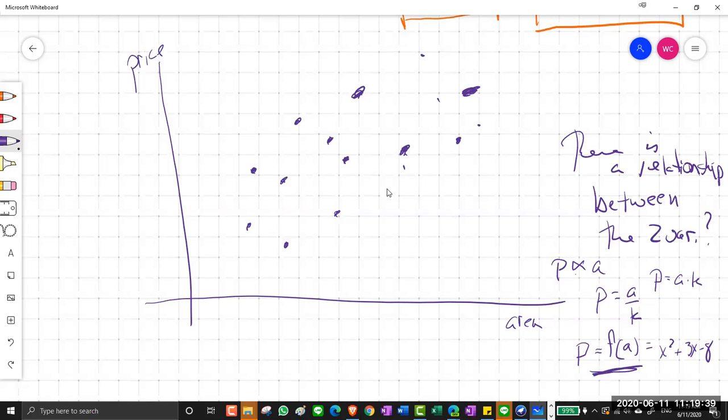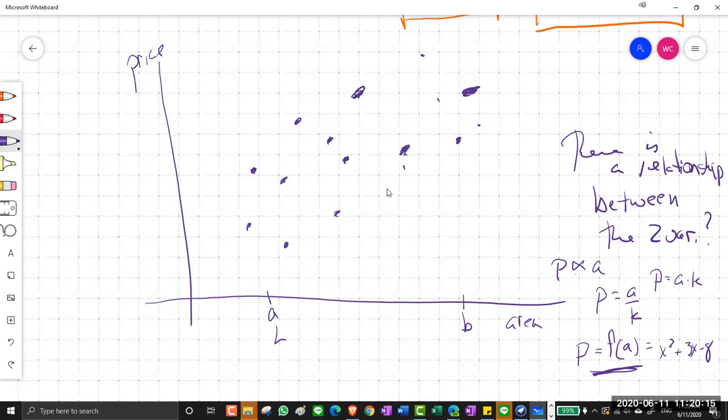But another way of thinking about it is that if we know what A is, we can make some kind of statement about what P is. So for example, in this picture, if we know that A is low, then in this case it happens to be that when A is low, we're going to say P is low, and when A is high, we're going to say P is higher.